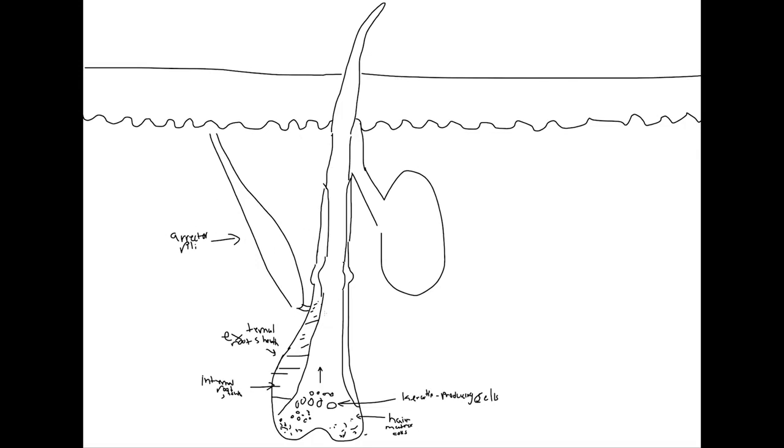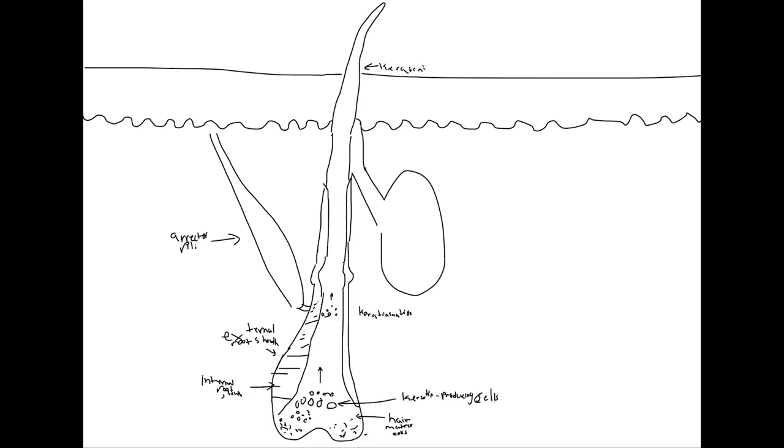Anyways, these keratin-producing cells continue to move up. As they move up, they're being keratinized, so that once they reach this area over here, they're completely keratinized.